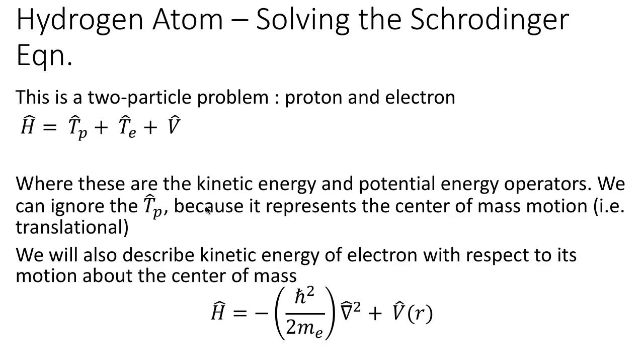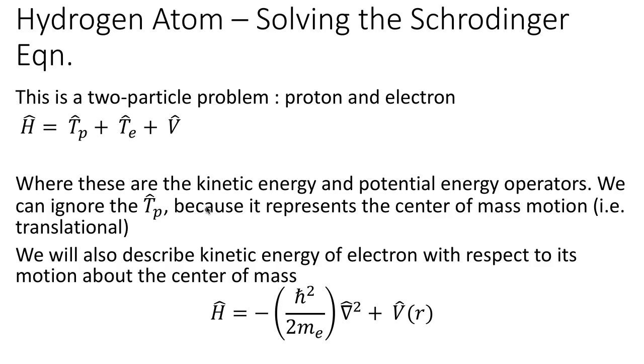If the proton's moving, the center of mass is moving, which is basically translational motion, and we've already talked about quantized translational motion with the particle in a box. So our Hamiltonian simplifies to just the kinetic energy of the electron and the potential energy.